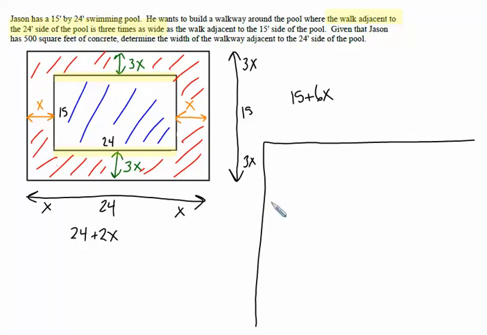So we would take the dimensions of the overall shape, which would be (15 plus 6x) times (24 plus 2x), but be careful because we have to subtract off the water. So minus 15 times 24, and we want that equal to the amount of concrete we have. Look up in the problem. We've got 500 square feet of concrete, so we'll set that equal to 500. Now, while that can be solved algebraically, we will solve it on the calculator.